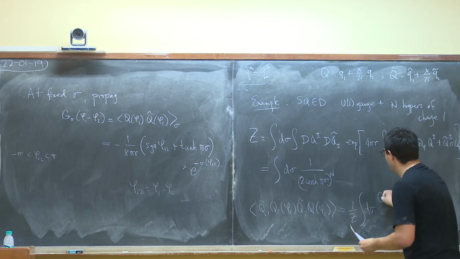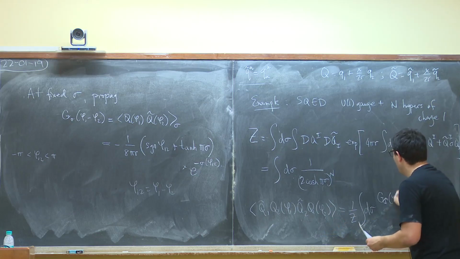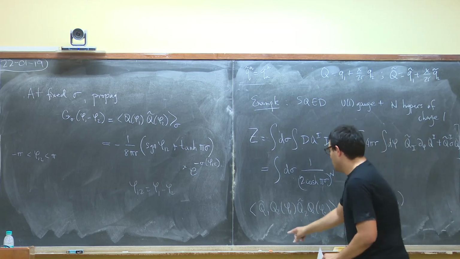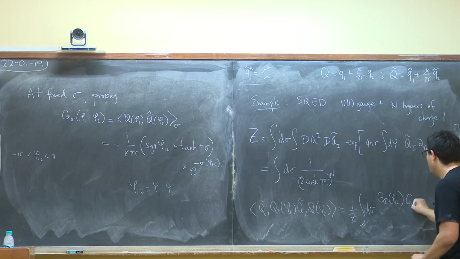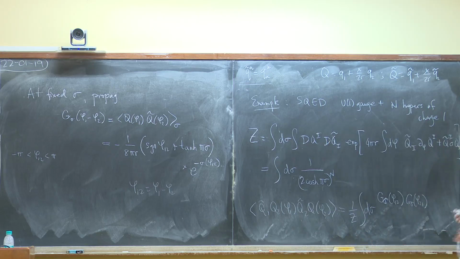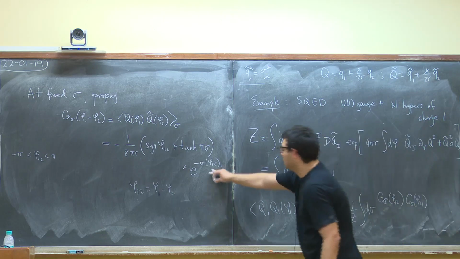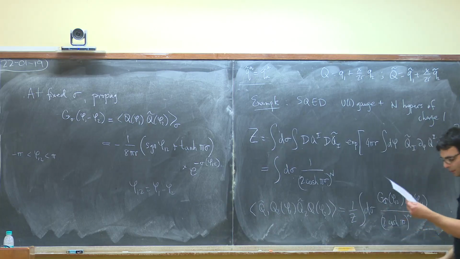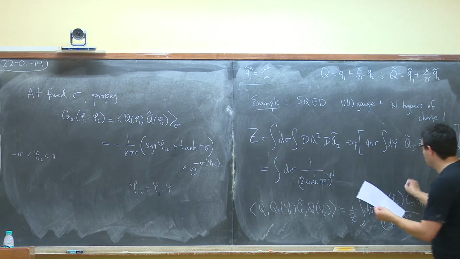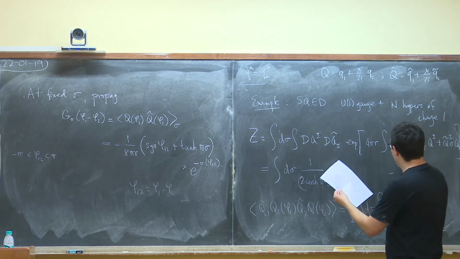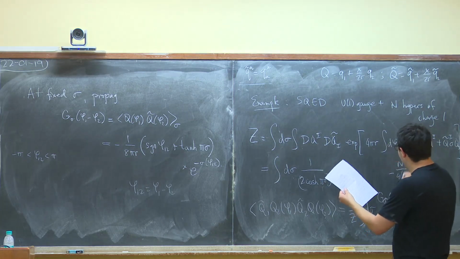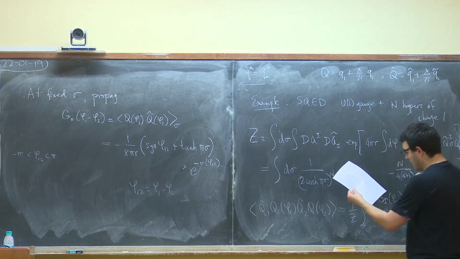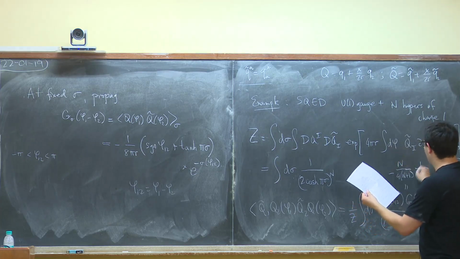So we have this propagator G_sigma(phi_12) and G_sigma(phi_21). Because one is phi_12 and the other is phi_21, the sigma dependence from this cancels. Divided by (2 cosh pi sigma) to the power n, you can find the answer to this integral, and this is minus n over 4(n plus 1) times (1 over 4 pi r) squared.